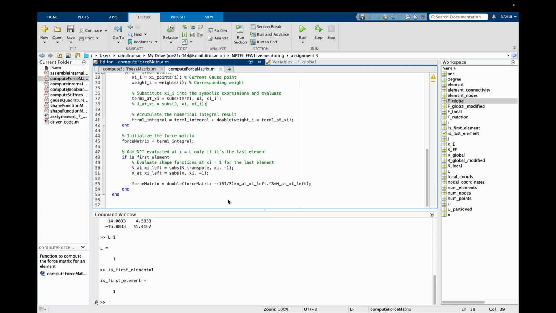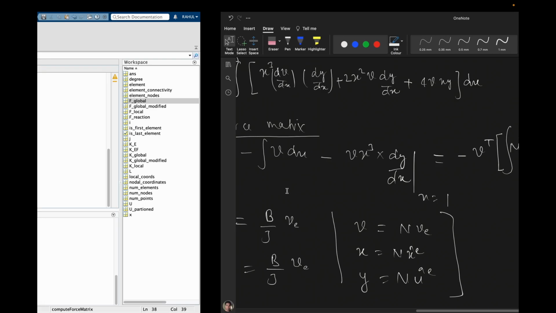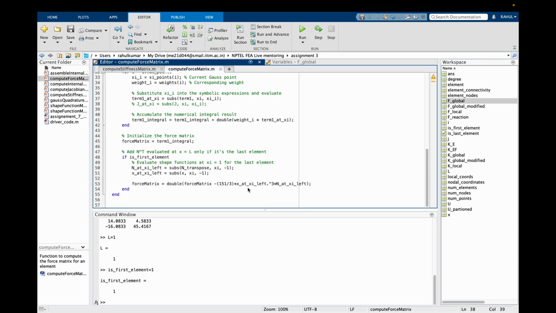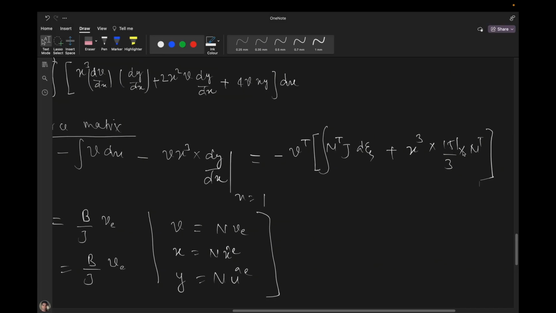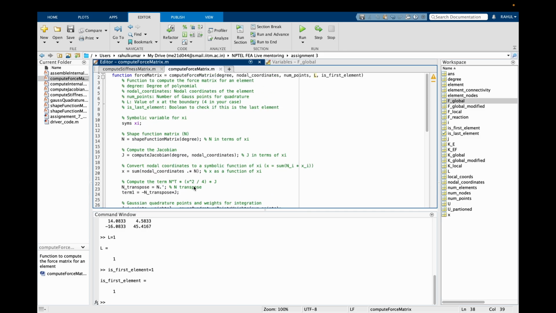Here you can see minus 151, minus 151 by 3 x cube. So here you can see x cube and n transpose, right? N transpose I have already written here. So this is the force matrix. Now I will run this code.